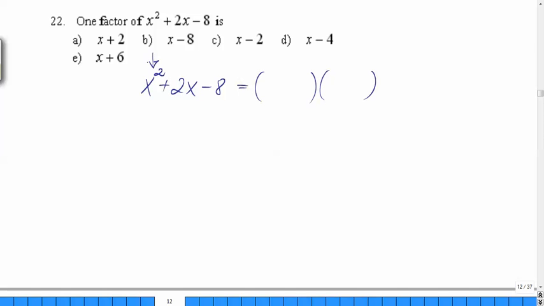Where each one of the first terms should be x, because when you multiply the first terms, you get your x squared. Next step for you will be to check the last number here, which is negative, and that tells me that I will have a plus and a minus in my parentheses. Well, not too big of a help because every one of your answers here is having that.